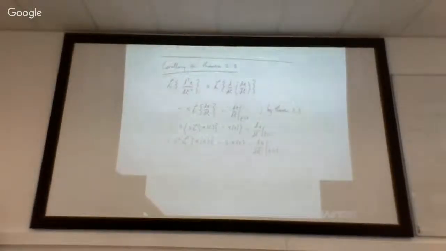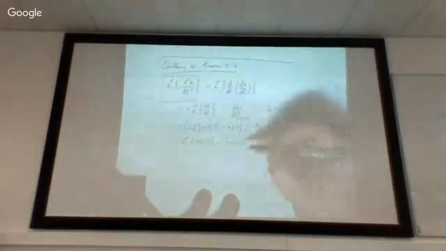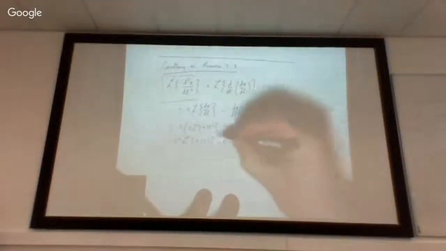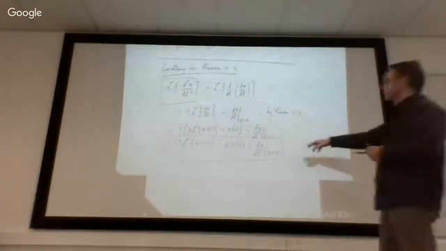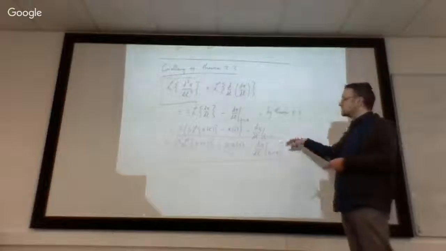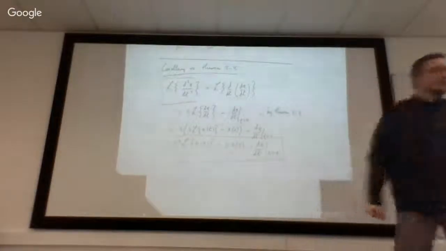So this result we're looking at here, this result down the bottom, the Laplace transform of the second derivative, is all of this. If you compare that to the statement in the corollary, you see the statement in the corollary is the general statement for a derivative of any order. We see that this is the special case of order 2, where n equals 2.